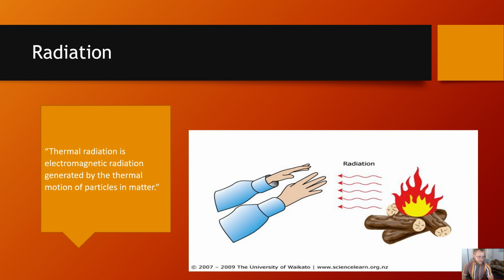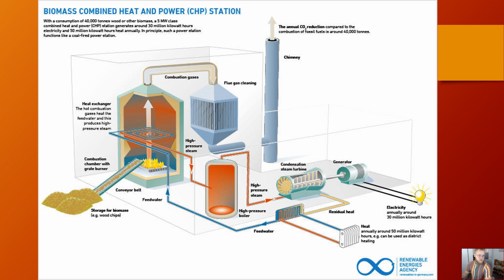Thermal radiation is electromagnetic radiation generated by the thermal motions of particles in matter. As you can see, the diagram shows the fire giving off radiation heat towards those hands. And then just to sum this all up and break it down, for biomass we have our fuel source going in.